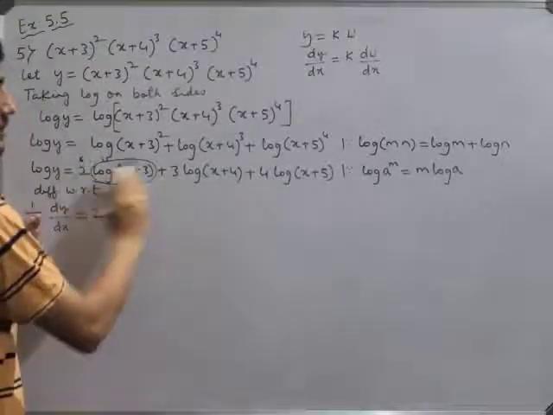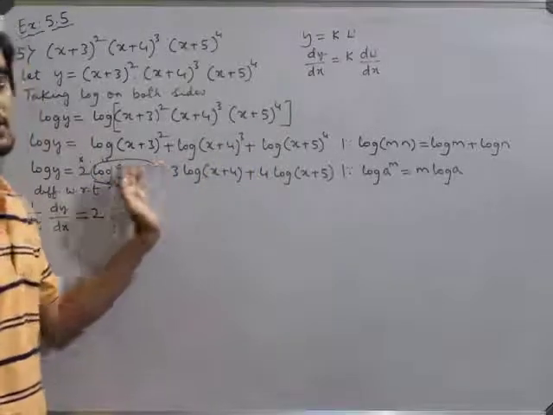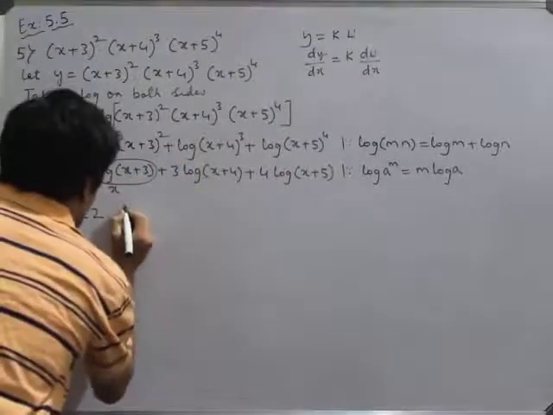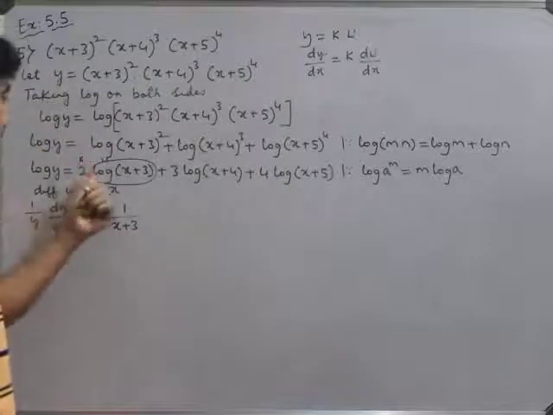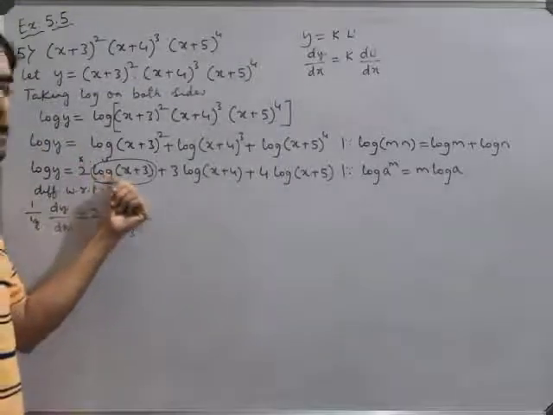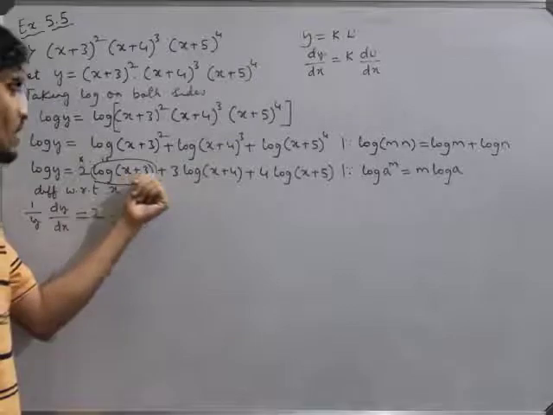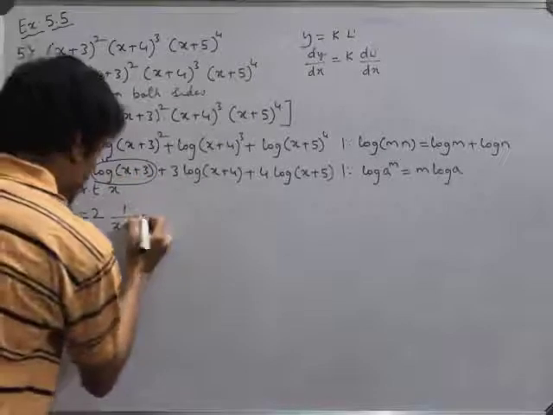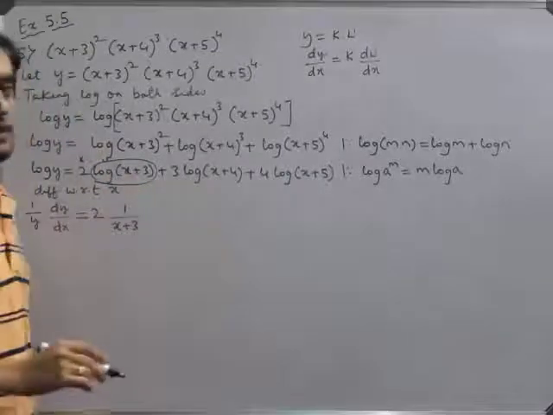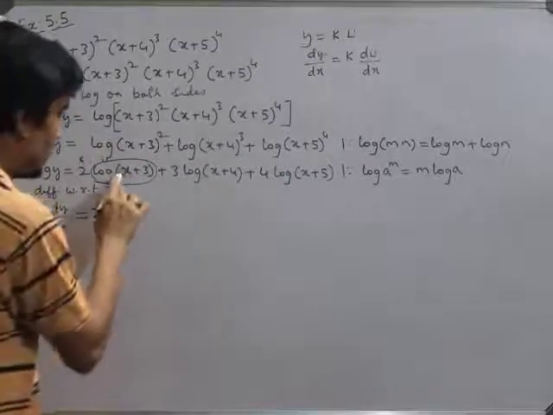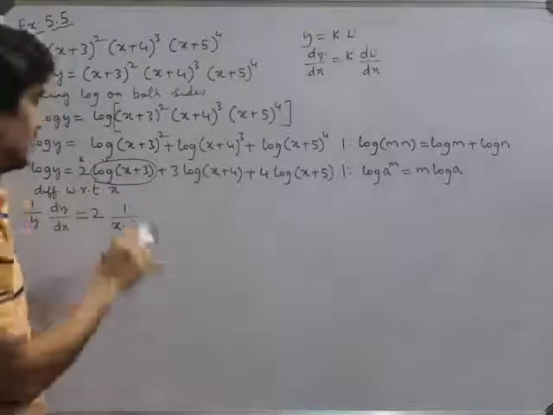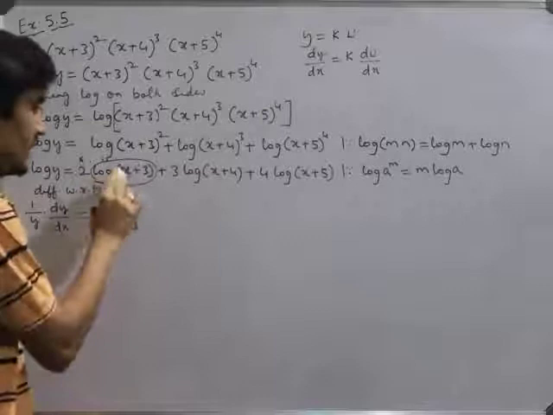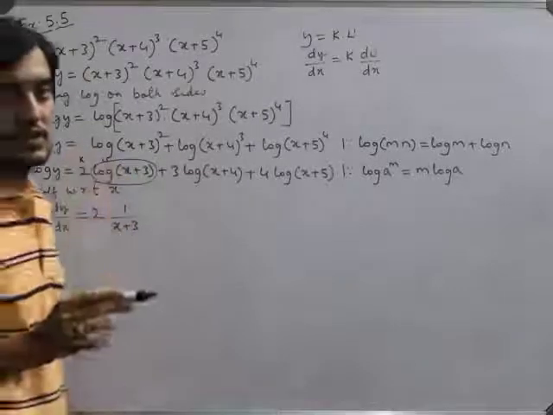That is how you differentiate a composite function using the chain rule. So first differentiate the log function. Differentiation of log x is 1 by x. In place of x we have x plus 3. So I have written 1 by x plus 3 into differentiation of x plus 3. Differentiation of x is 1 plus differentiation of 3 is 0, because 3 is a constant.